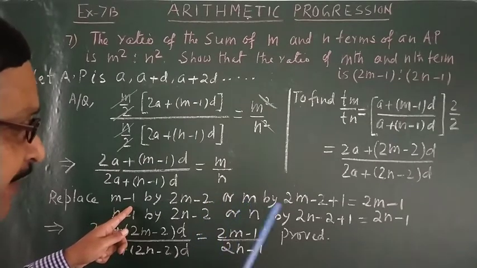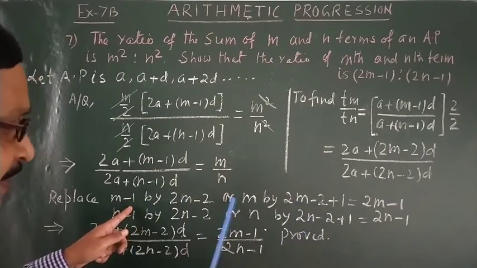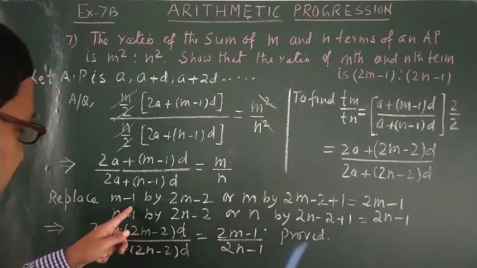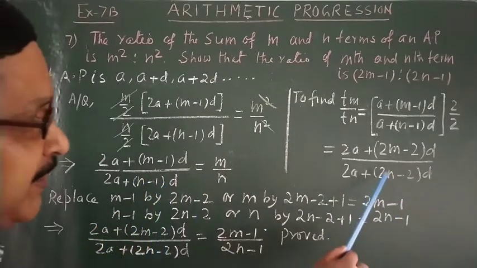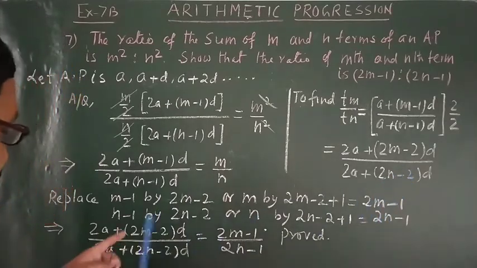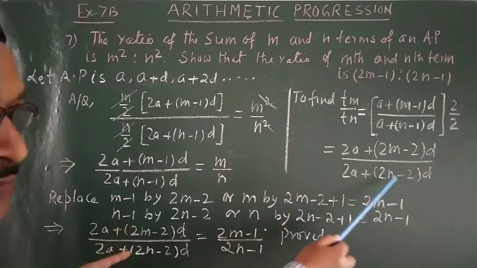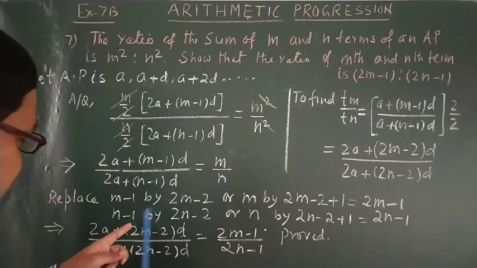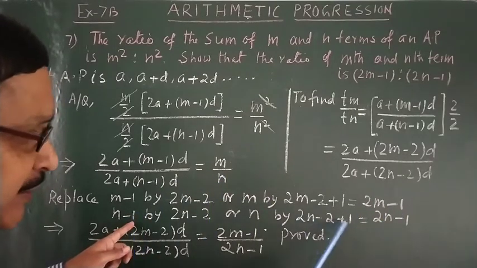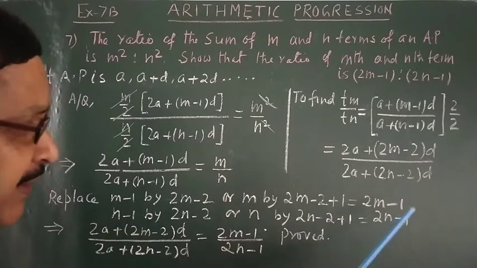So replace m by 2m minus 2, and this will be plus 1. So 2m minus 1. Similarly, n minus 1 is in the denominator, but we need 2n minus 2. So replace n minus 1 by 2n minus 2 as the requirement, and n is also replaced. If minus 1 is added to this side, it becomes 2n minus 1.